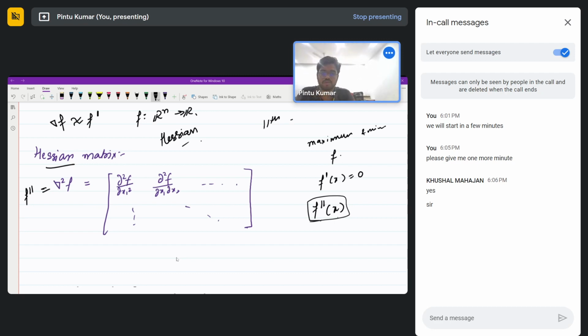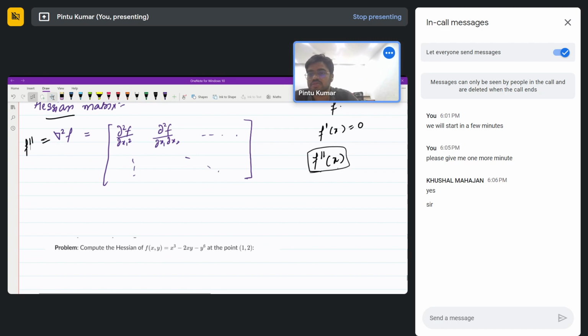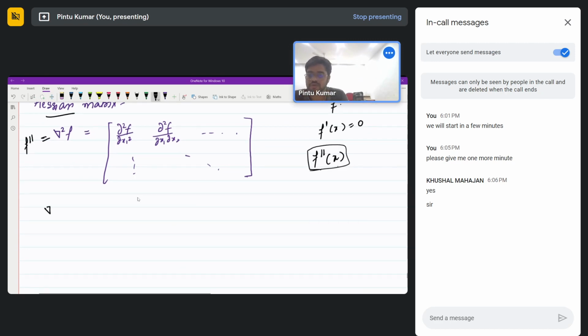So how do you construct the Hessian matrix? First of all, let's begin with the gradient of f. Your gradient of f was given by taking the derivative with respect to every variable: with respect to x1, then x2, then x3, and so on.